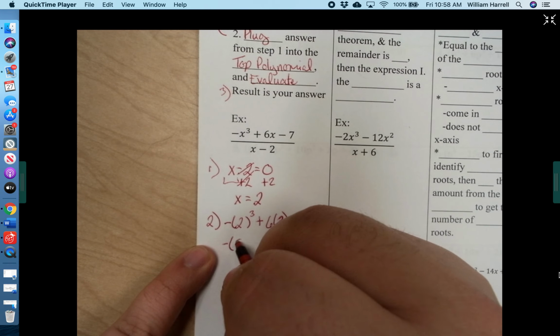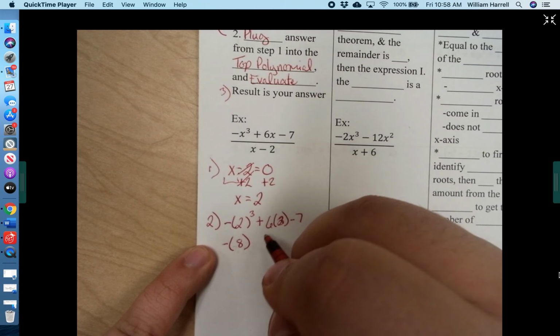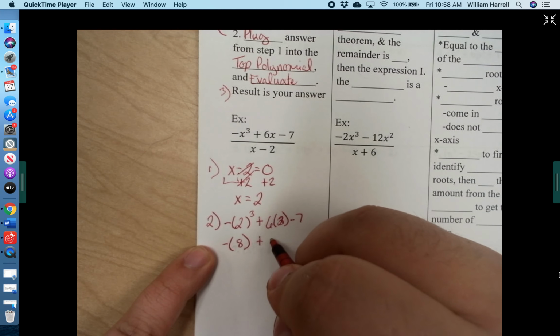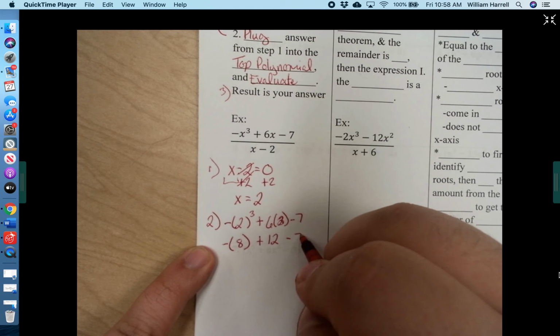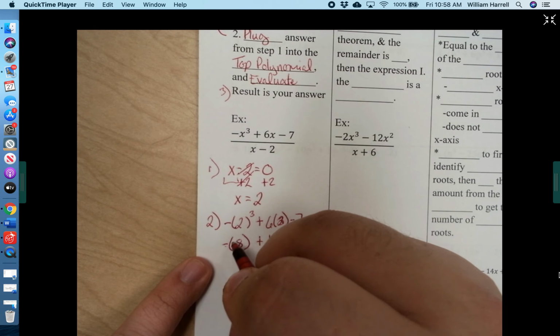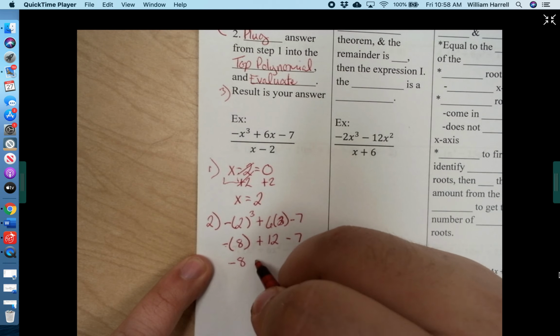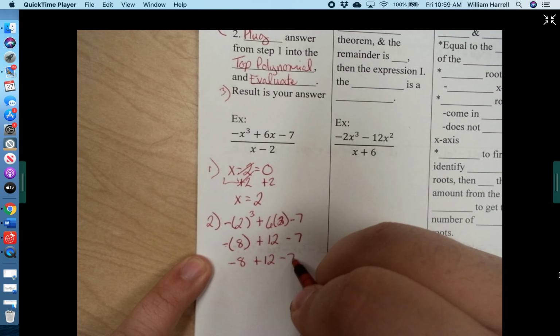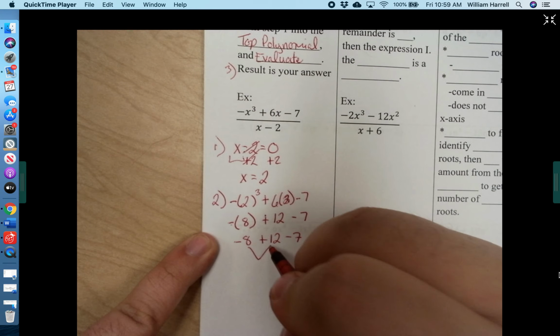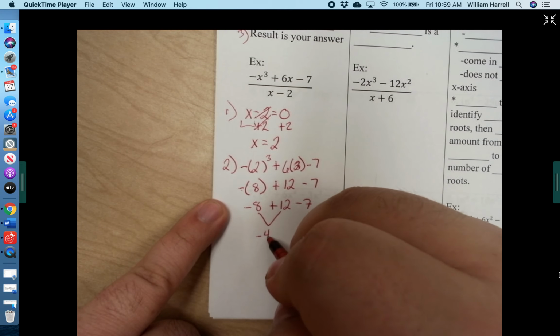So 8 plus 6 times 2 is 12 minus 7. Negative times the 8 is negative 8 plus 12 minus 7. Negative 8 plus 12 is minus 4.